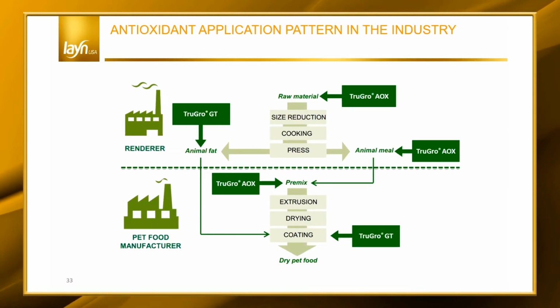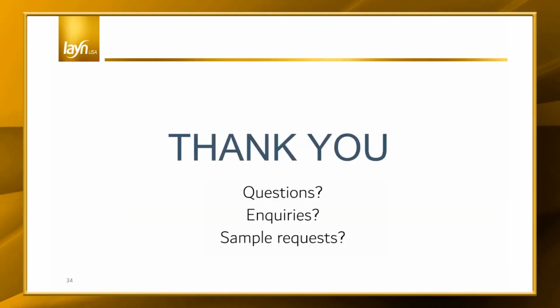And TrueGrow AOX in powder form could be added to raw materials, to meals, or through the premix to the complete diet for stabilizing the oils carried through the cereals or the materials that compose the final dry feed, and to provide the maximum shelf life for this food.